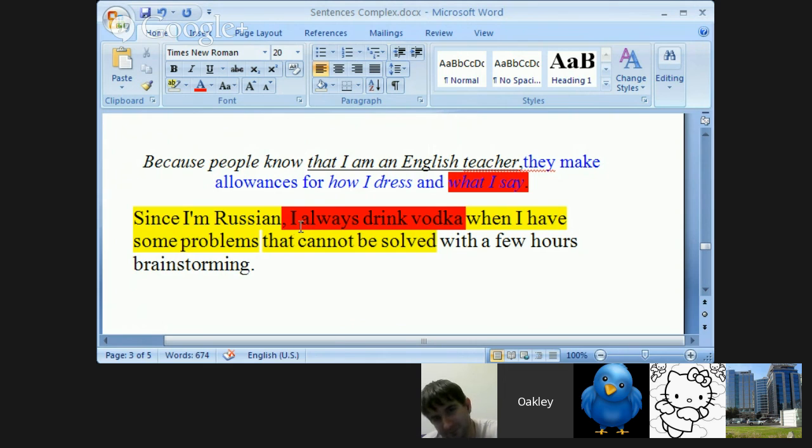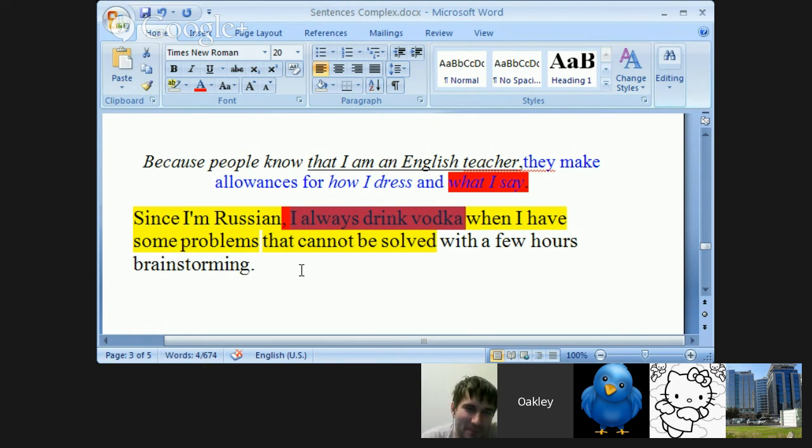So what is the actual independent clause here? Who can tell me? Actually, I kind of marked it, didn't I? I always drink vodka. You painted red. The independent clause here is I always drink vodka.